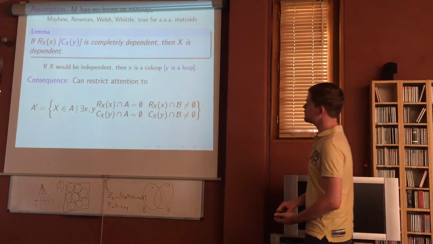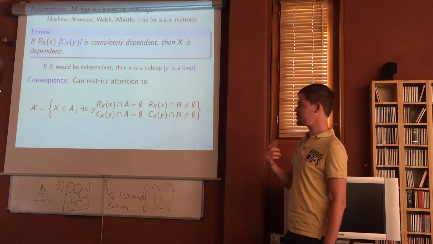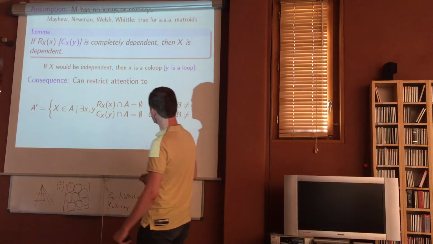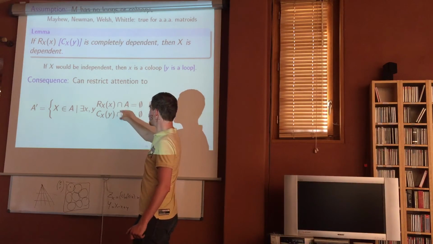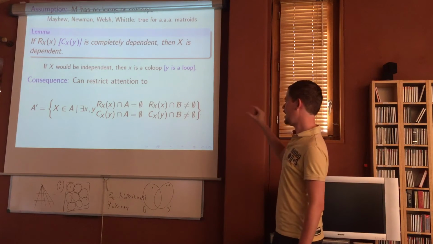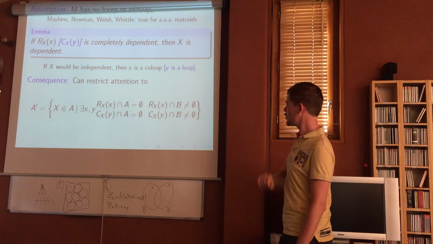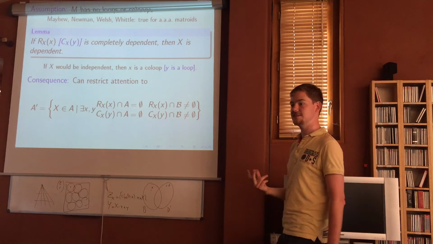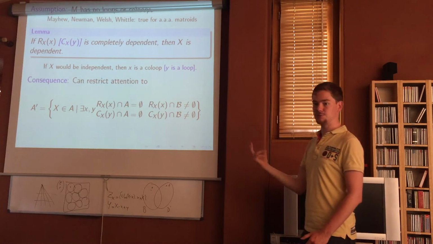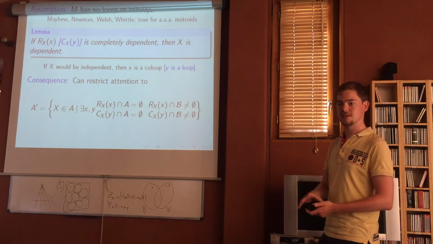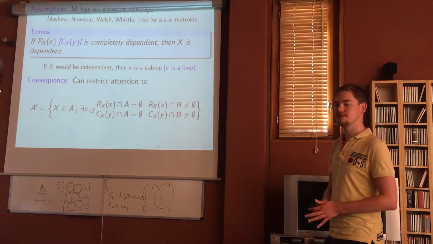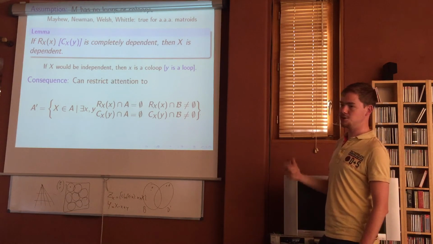So this means that we can restrict our attention to a subset of A, namely those vertices that have a row and a column that are disjoint from A, and both the row and the column should contain a basis, right? Because if that were not the case, then X would be independent, or you would have a loop or a co-loop.